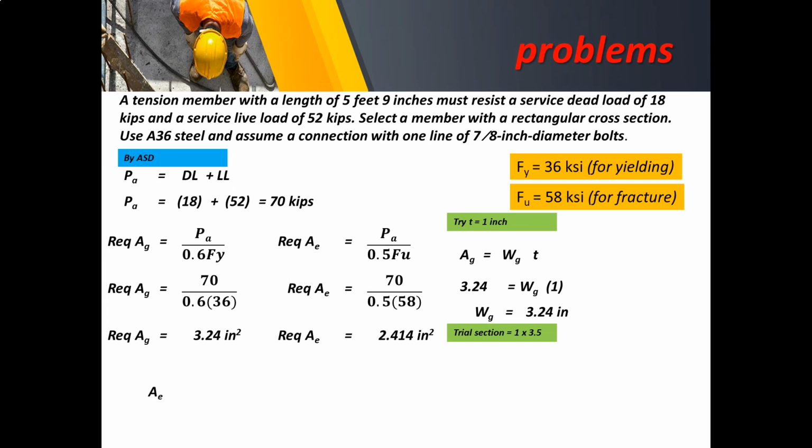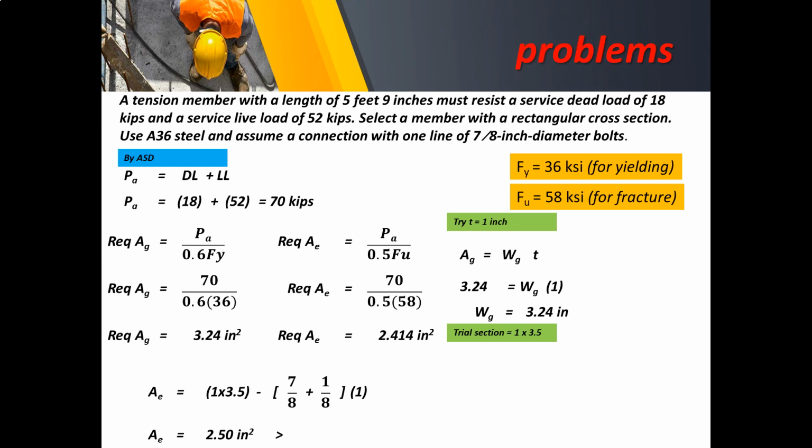So we calculate our effective area using the trial section. So the trial section has a gross area of 1 by 3.5. We deduct the holes. Thickness here is 1. By the way, 1 should be outside that expression. So the effective area will be equal to 2.5 square inches.